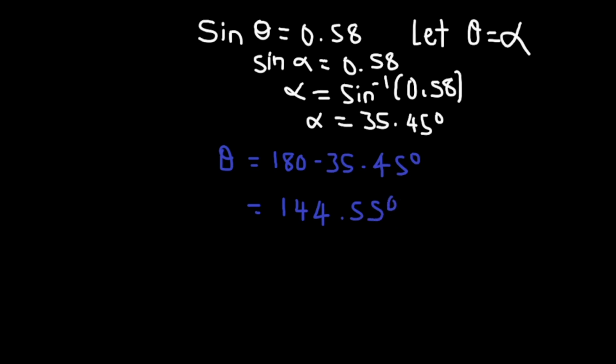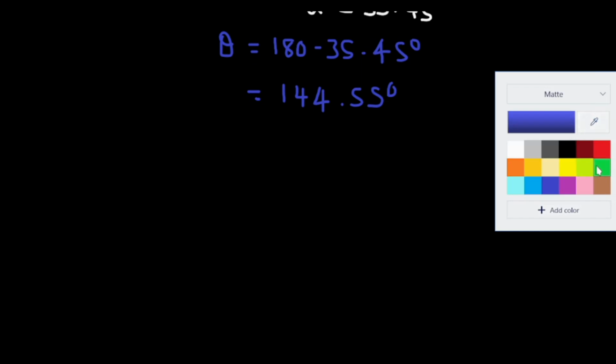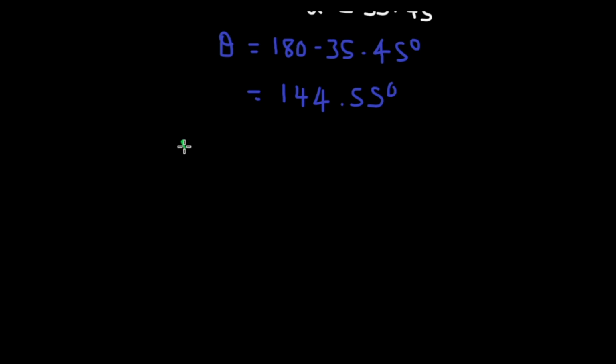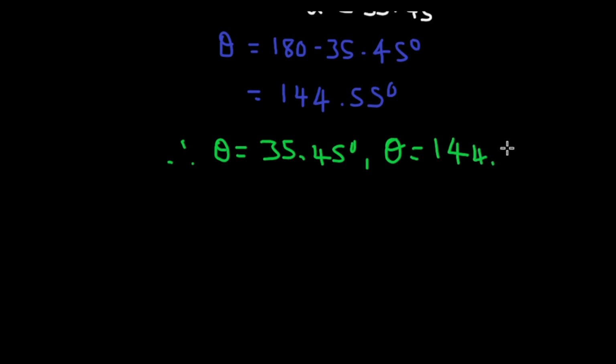So what this simply means is that my answers for theta, given that range, are as follows. Theta is equal to, we start with the smallest value which we have found, 35.45 degrees, and my other value of theta is equal to 144.55 degrees.